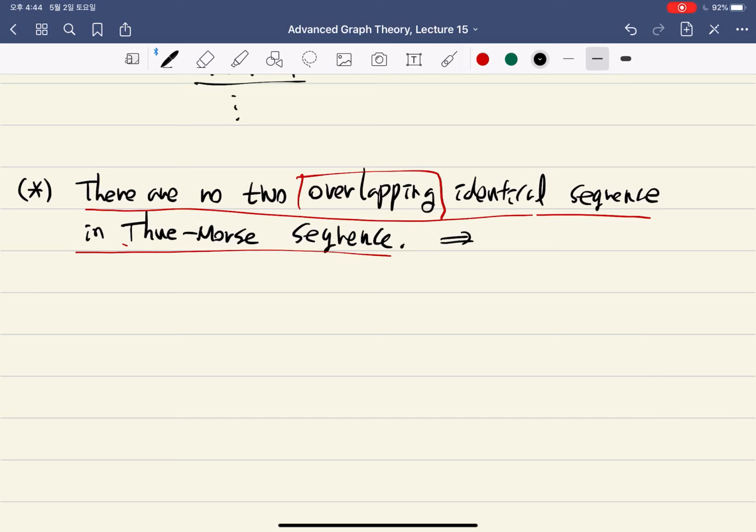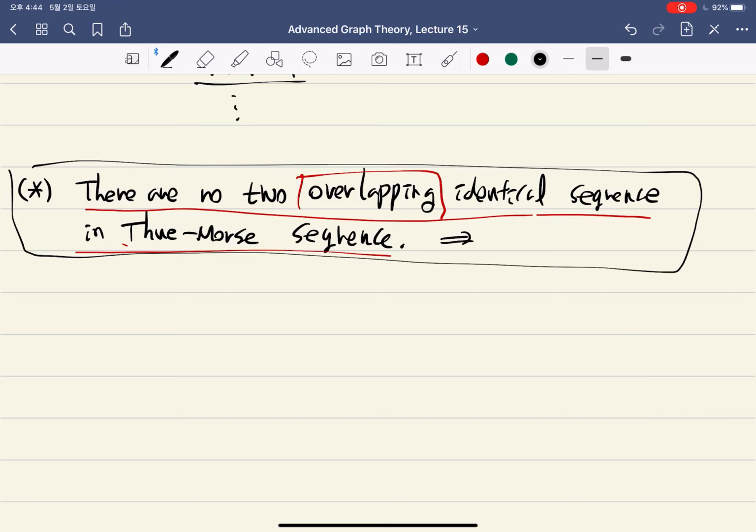But using that, we can actually prove that for any path of any length, the non-repetitive chromatic number, the Thue number, is 3, let's say when n is at least 4. Because if you have 3 vertices, then you can say 0, 1, 0. And with 4 vertices, then you are stuck here.